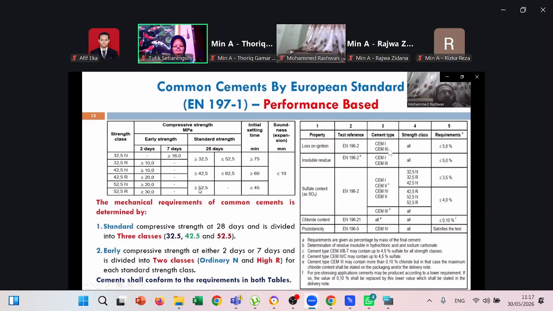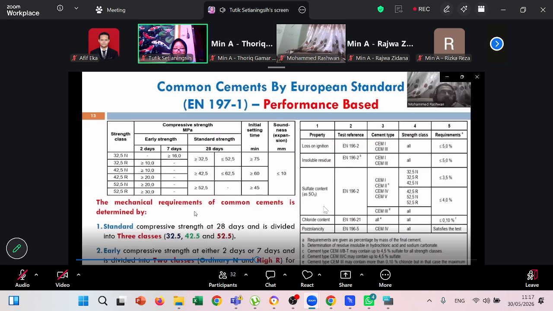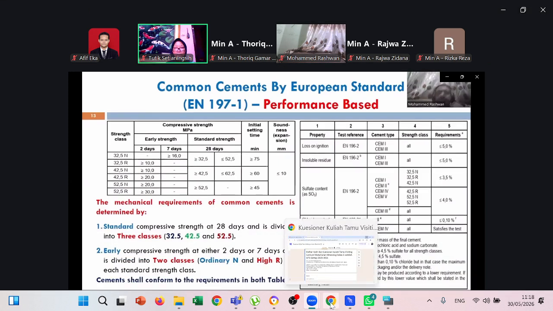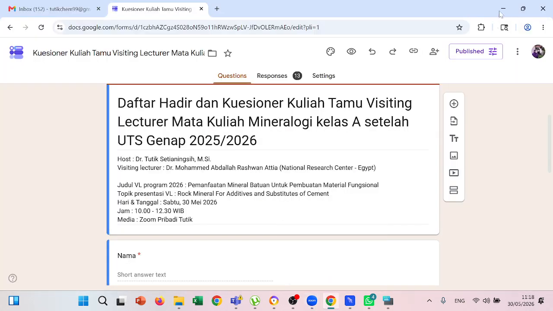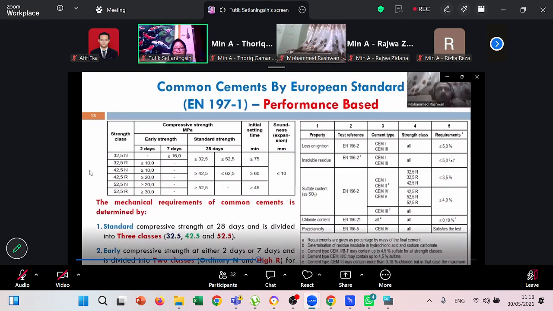Finally, 52.5 megapascal minimum with no maximum limit. And according to early strength, sometimes we need cement to be early strengthened, or rapid hardening.